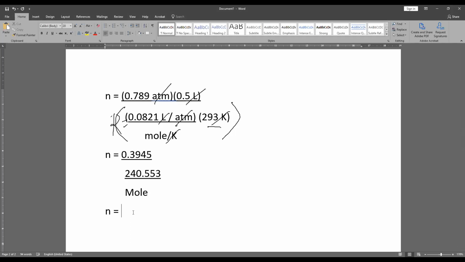So the answer is, your mole here is 0.0016 mole, or you can also have 0.00164 mole.